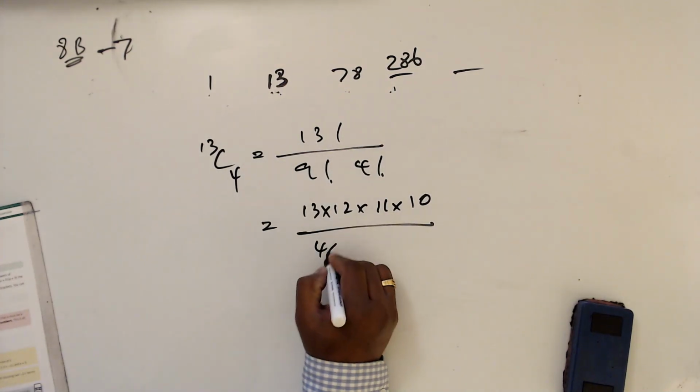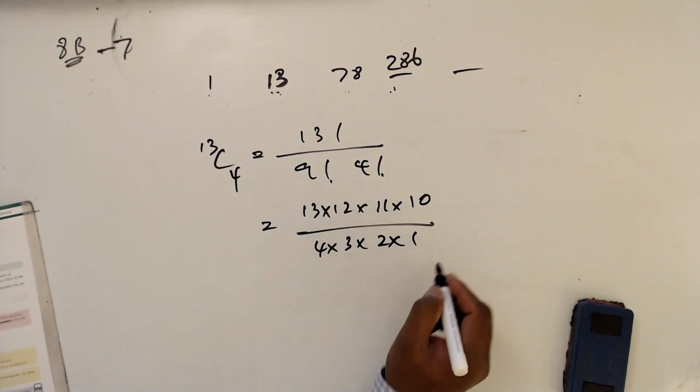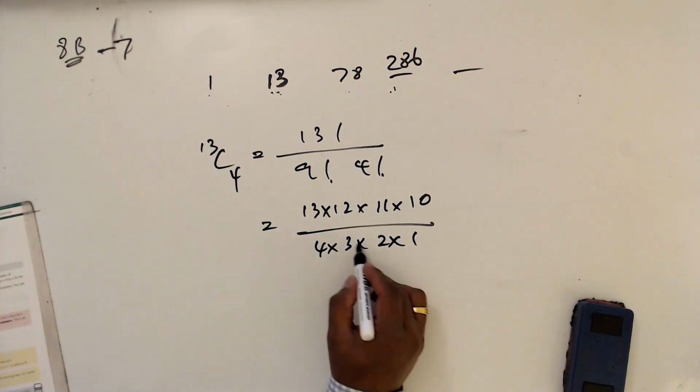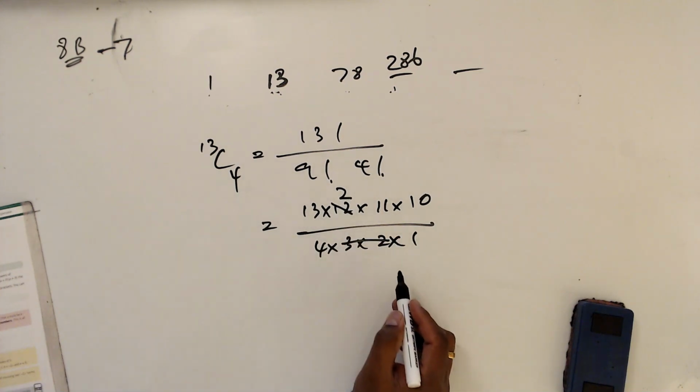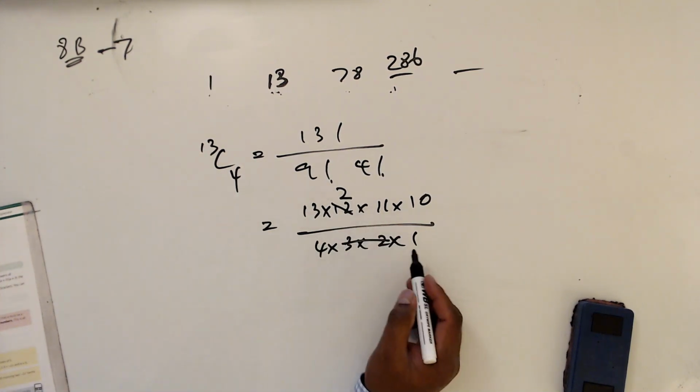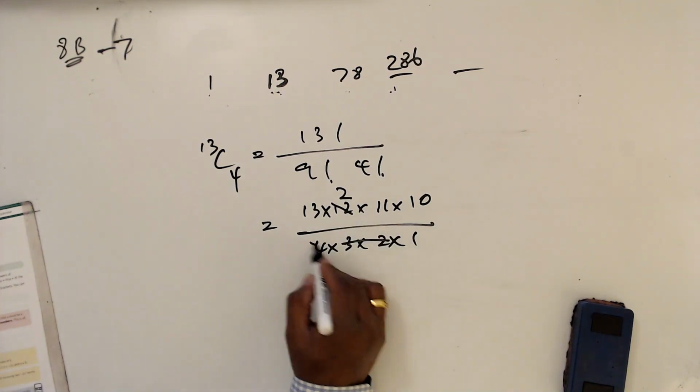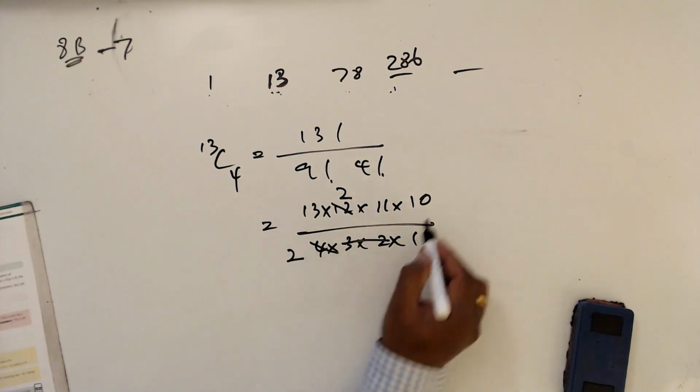Factorial 4 remains 4, 3, 2, 1. So 3 times 2 is 6, and 12 divided by 6 is 2. Now this is going to be 2 and this is going to be 5.